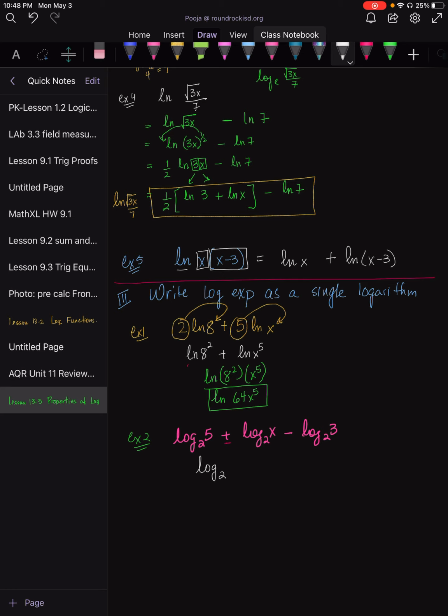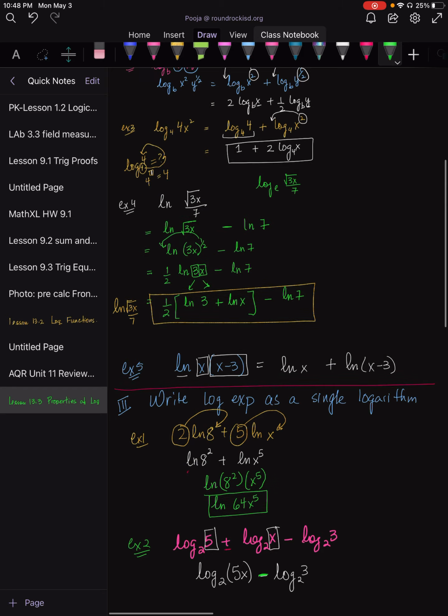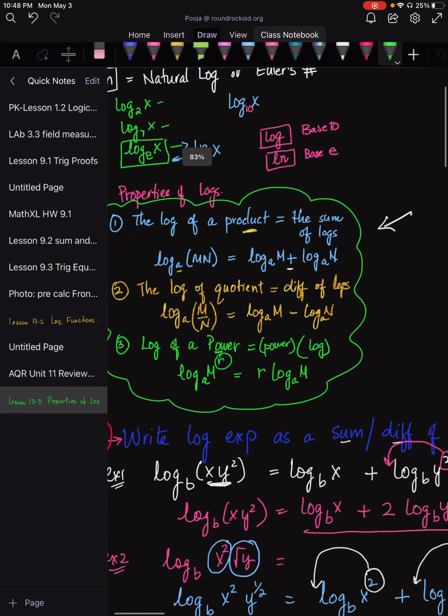They both are log base 2. Product of 5 and x. Then I still have minus log 3 base 2. Now I have a subtraction log problem. Both of them are logs to the same base. Subtraction, working backwards, we're going to use property number 2.